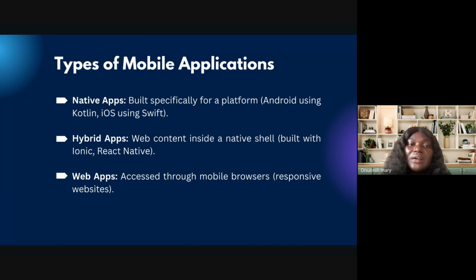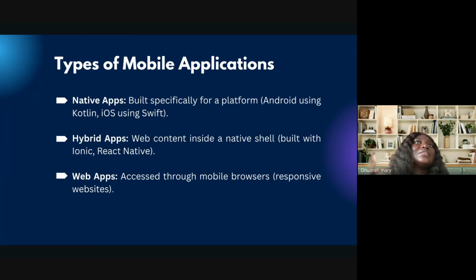Then hybrid applications are those applications that are usually built with React Native. Those applications can run on either of the platforms, be it Android or iOS, right? Then we have the web applications, which are basically applications that can be accessed through mobile browsers.